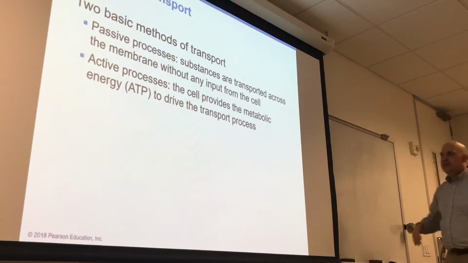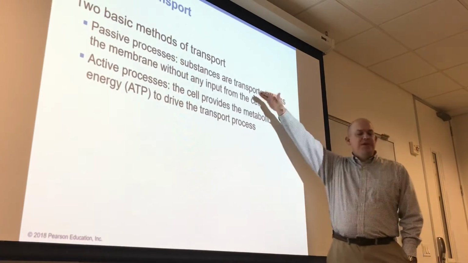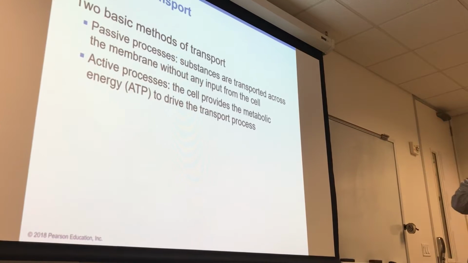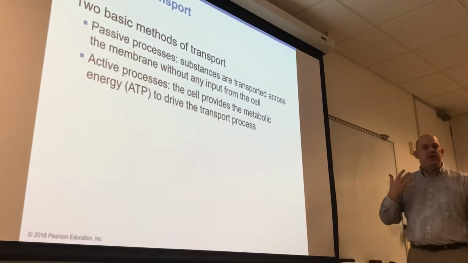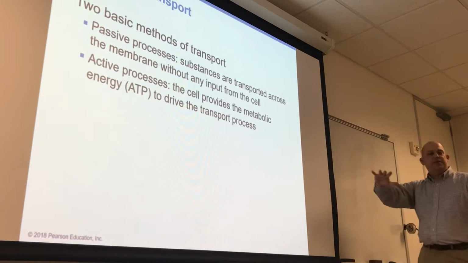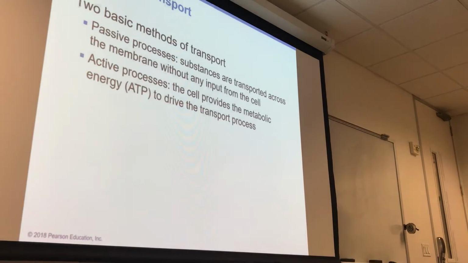Passive processes are processes where we move material across the plasma membrane, but it does not require energy. So if it doesn't require energy, it doesn't require what? ATP. It doesn't require ATP. It happens due to kinetic energy. The natural movement of materials is what ultimately drives all of our passive processes.